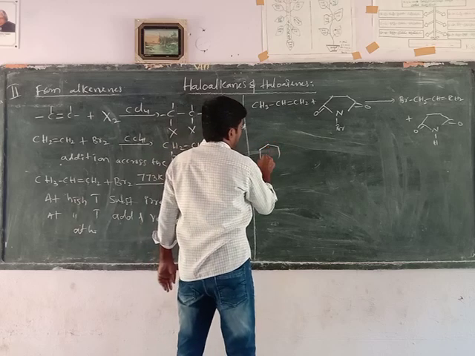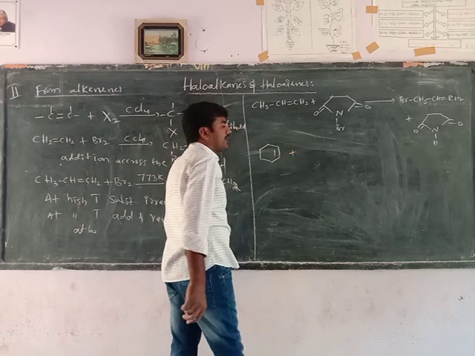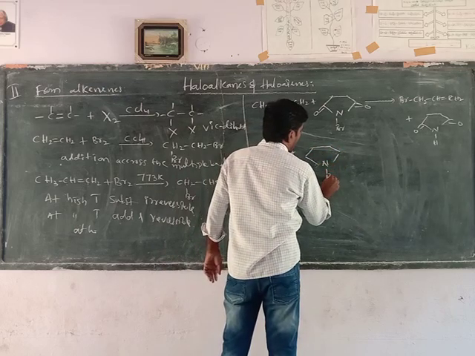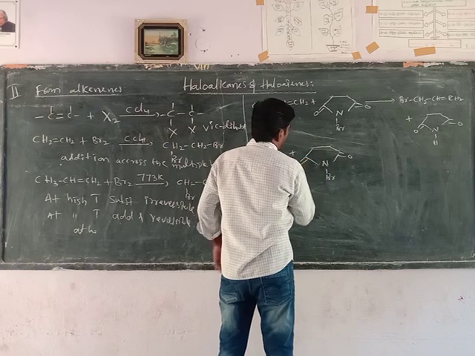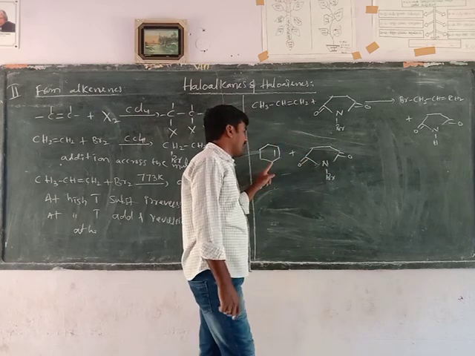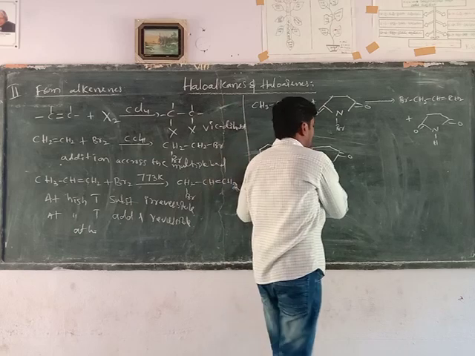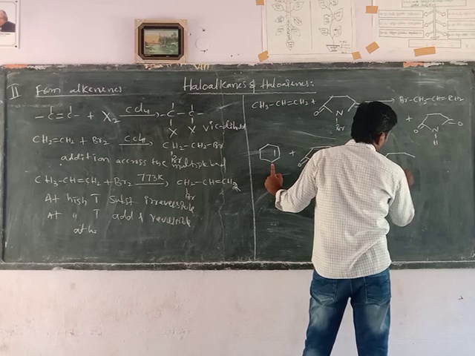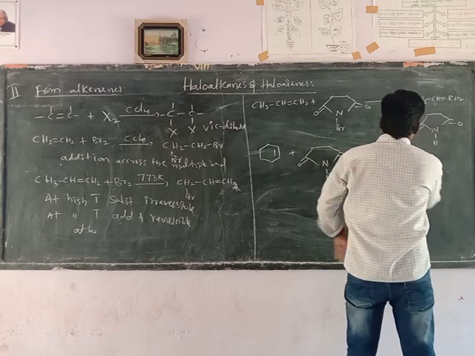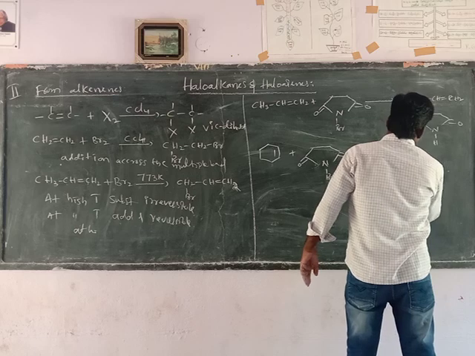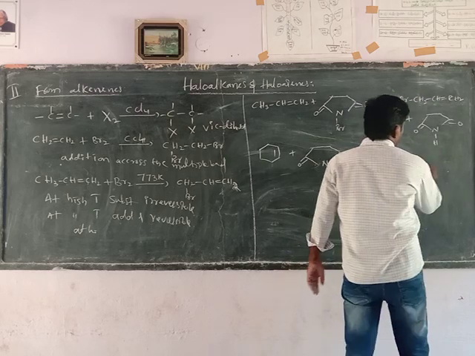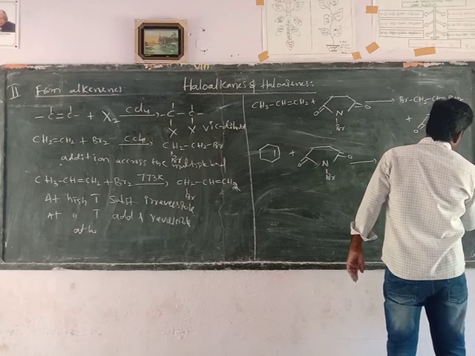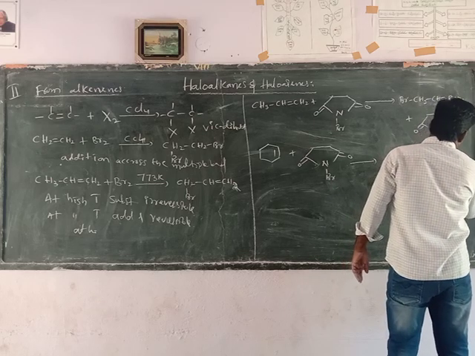One more example I will give for this reaction. Cyclohexene reacts with N-bromosuccinimide. It gives an allylic substitution product, meaning at the allylic position hydrogen atoms are substituted with bromine. 3-bromocyclohexene plus succinimide will form.